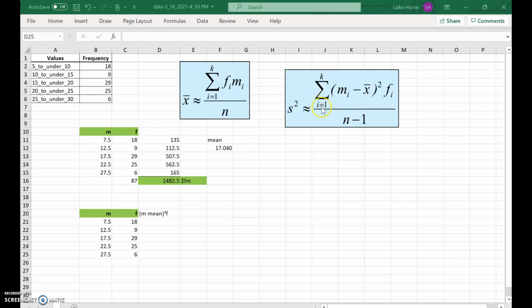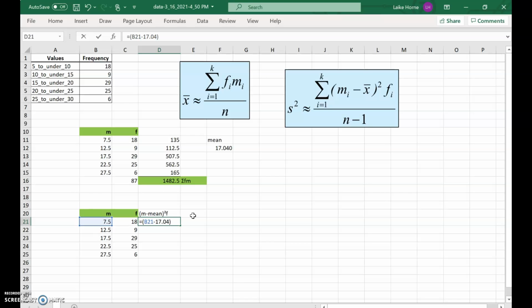Okay, so what we're going to do is follow this formula, and we need to take the midpoint, subtract the mean, square that, and multiply it by the frequency. And then we're going to add those numbers up. So I'm going to shorten this instead of doing it in multiple steps. So I'm going to do equals parenthesis the midpoint minus the mean, which is 17.04.